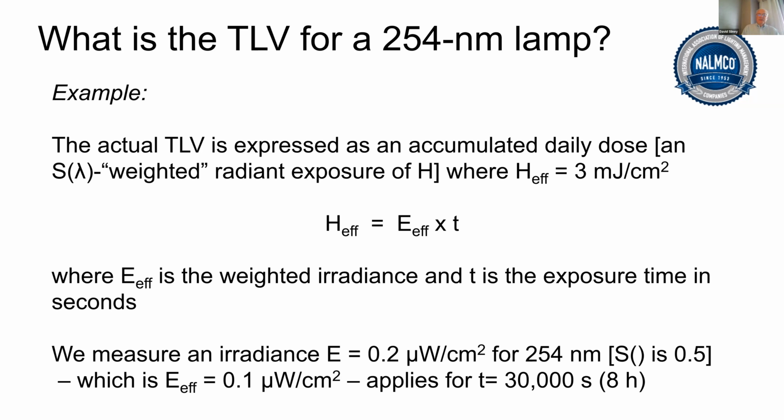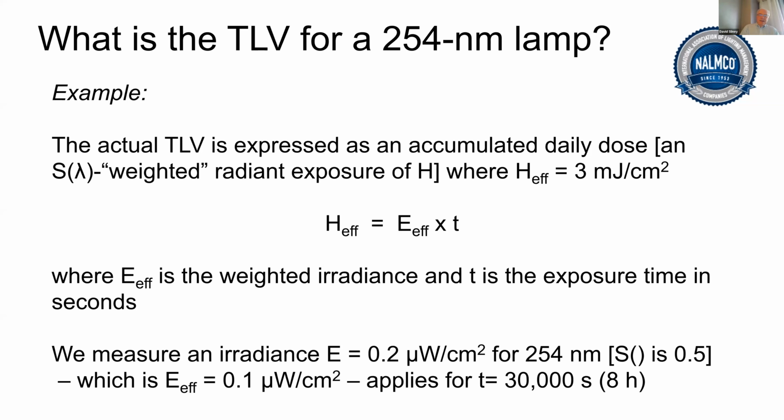The only wavelength which is precisely the same as the absolute irradiance is 270 nanometers. That's the peak of the hazard action spectrum for irritating the eye, the cornea of the eye.